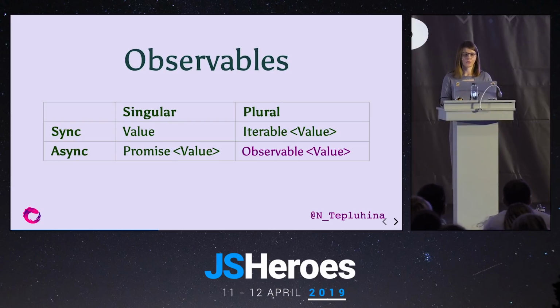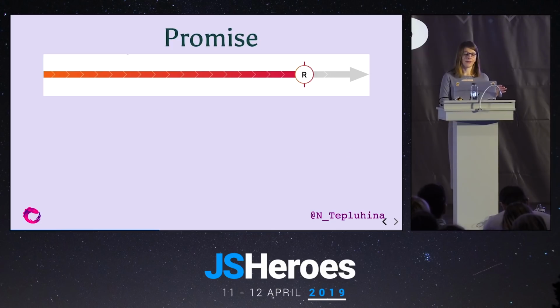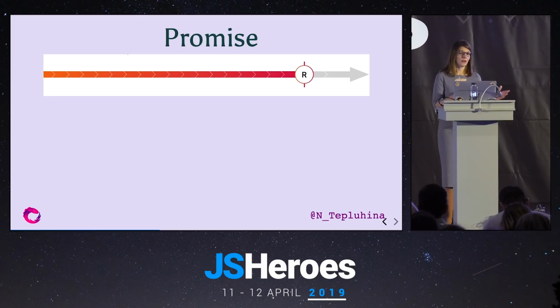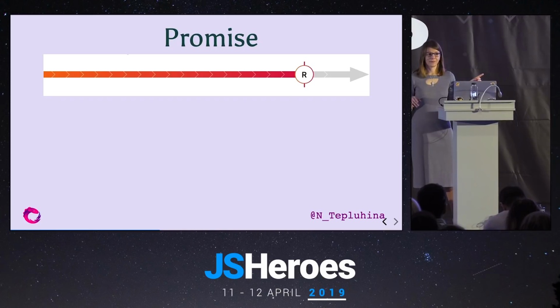Let's compare observables to promises, just to understand the difference. So the x-axis here is time. At some moment of time, a promise will either resolve to a value or reject and throw an error. And it's the moment where the promise is completed. You can't do anything with a promise after this moment.